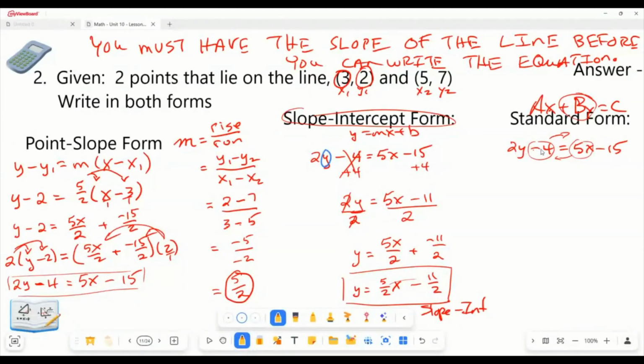This has got to go. It's being subtracted. I'm going to add it. It is a constant. I'm going to add the 4 to this constant. -4 and +4 add out. I get 2y equals 5x minus 11.